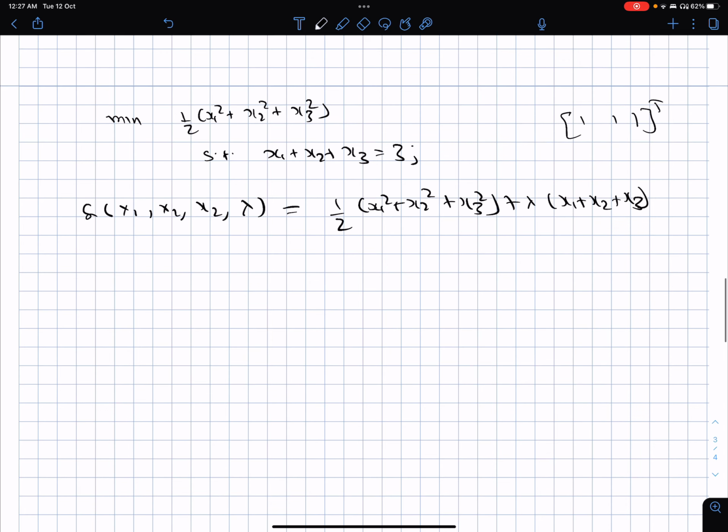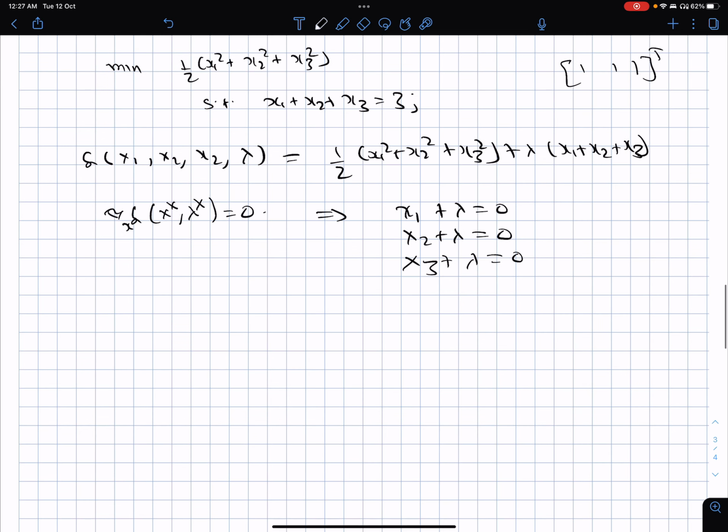So regularity is straightforward, and at the optimal x star, lambda star, the gradient should be 0, which is to say x1 plus lambda should be 0, x2 plus lambda should be 0, x3 plus lambda should be 0, and obviously x1 plus x2 plus x3 should be equal to 3.